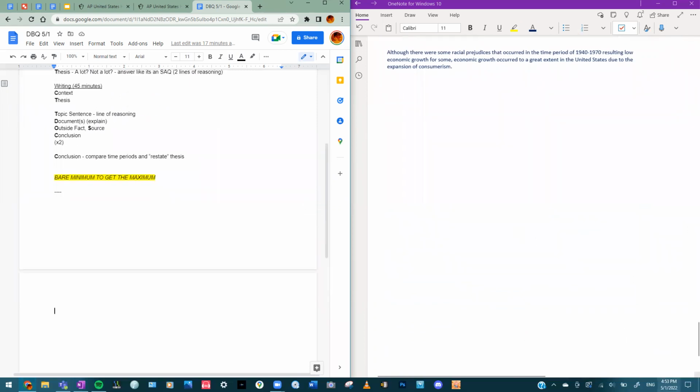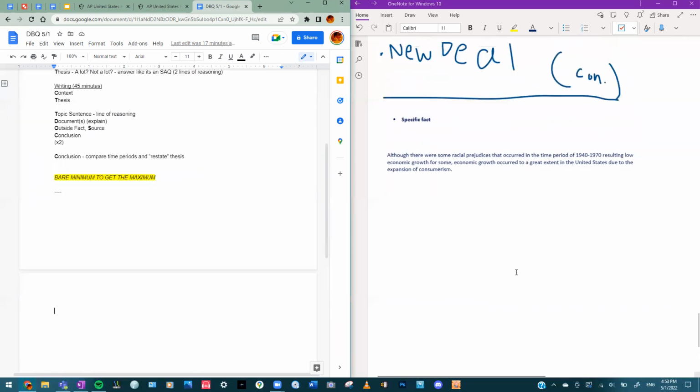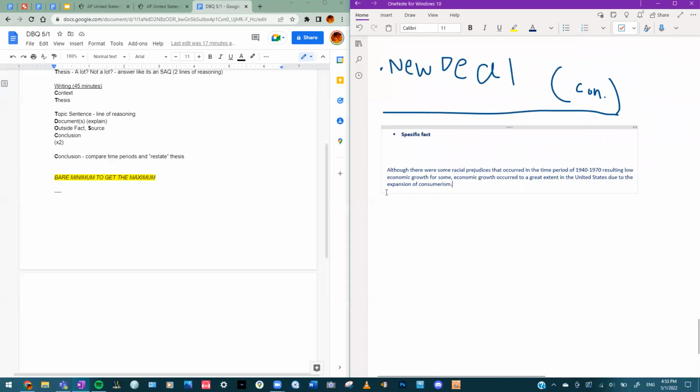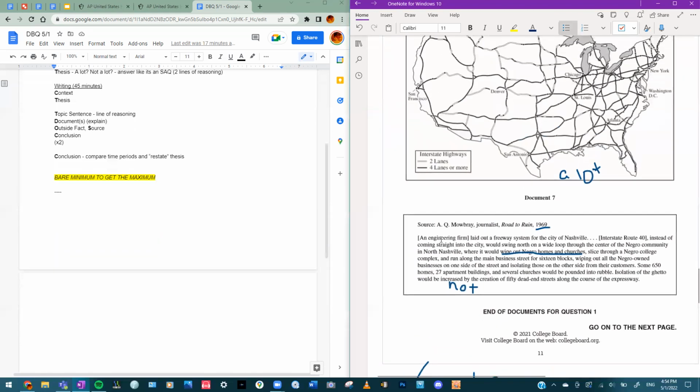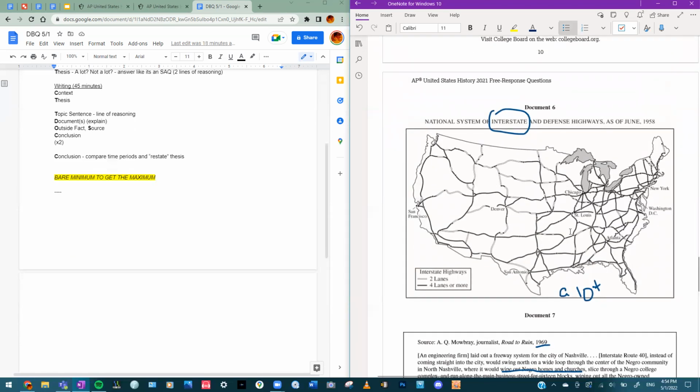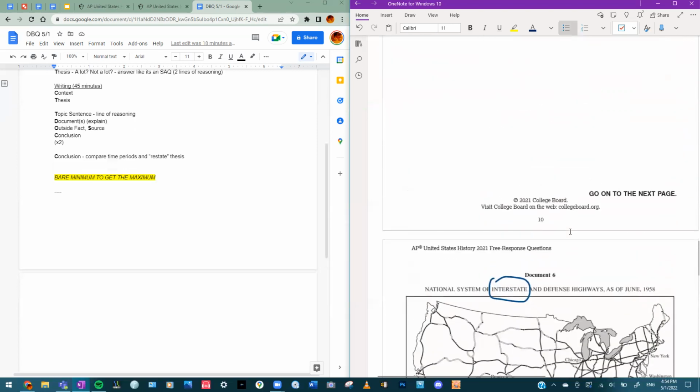Now, if we had some more time, it would be useful to think of some specific facts we could use. Let's think of our outside facts. So let's think of 2 outside facts that we might use. Because we only need 2. Let's see. So we can't use the Federal Highway Act of 1956 because that's already in the documents.